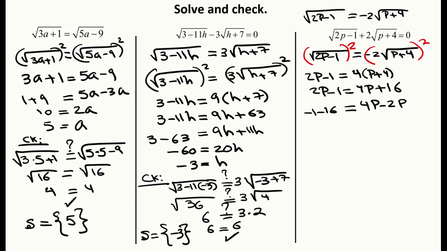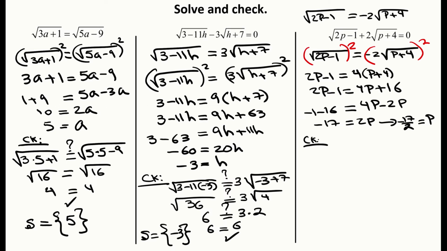So we end up with -17 equals 2p. Therefore p equals -17 over 2.